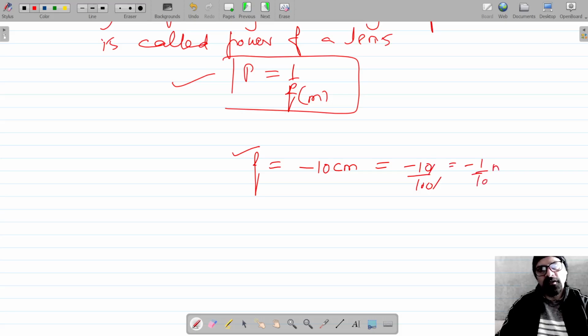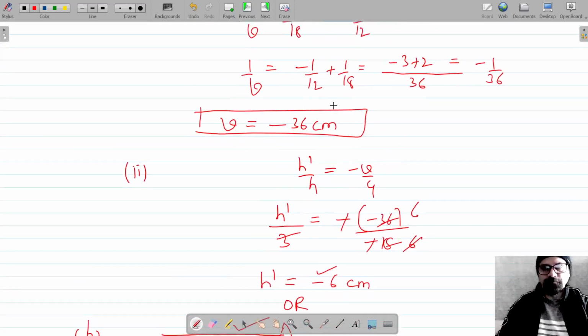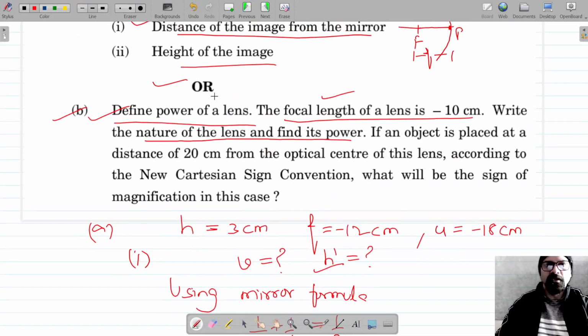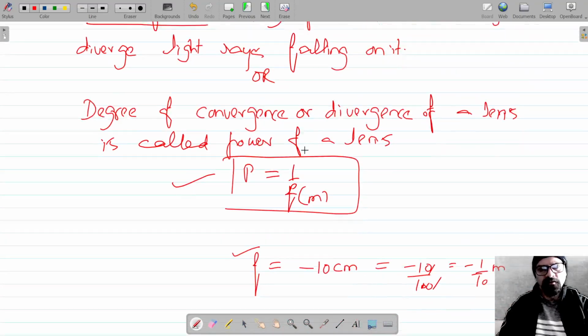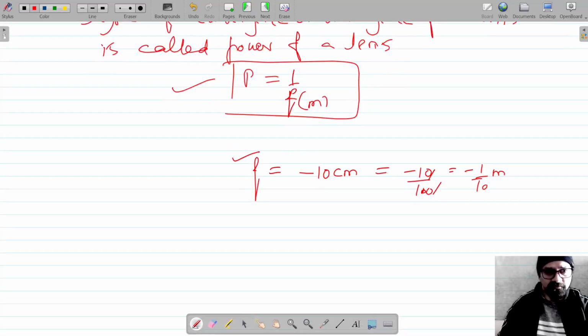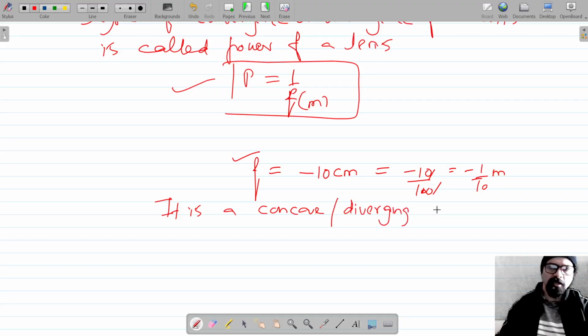So this is negative 1 by 10 meter. Now write the nature of the lens and find its power. What is the nature of the lens? Because the focal length is negative, it is concave, or we say a diverging lens.